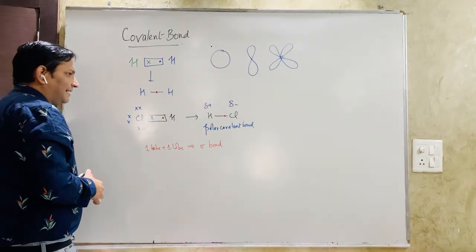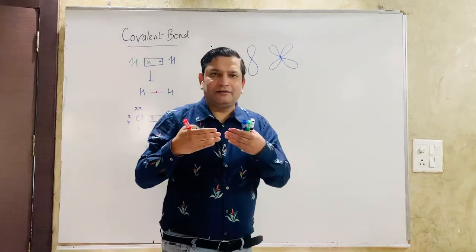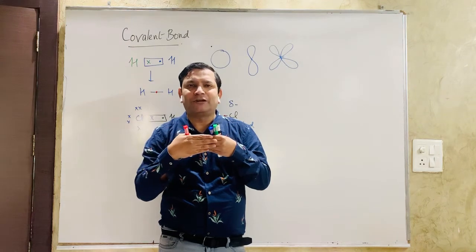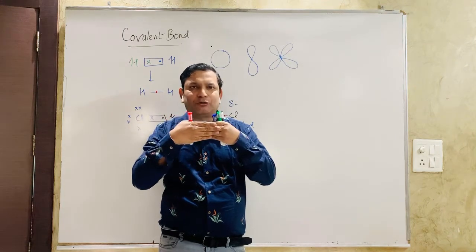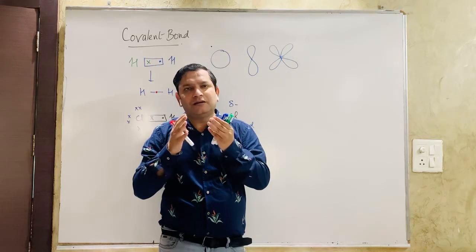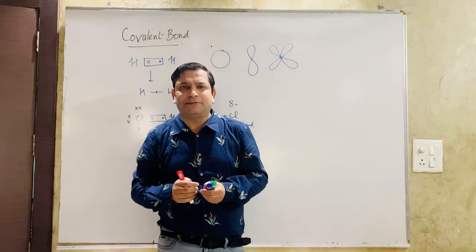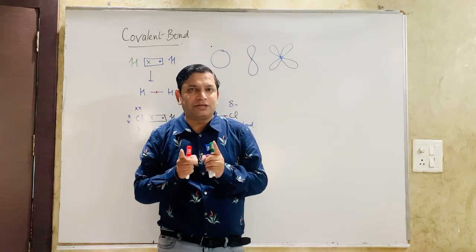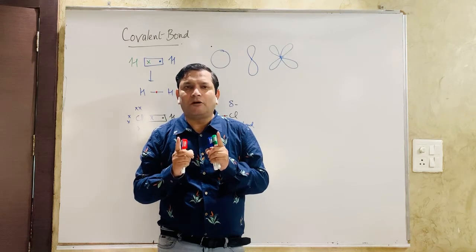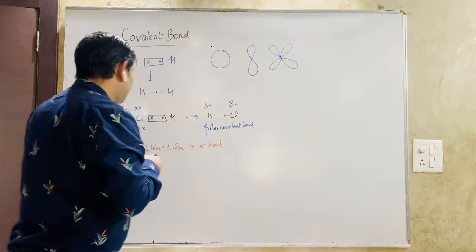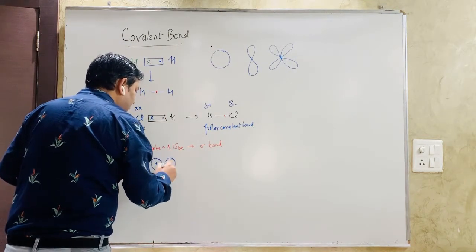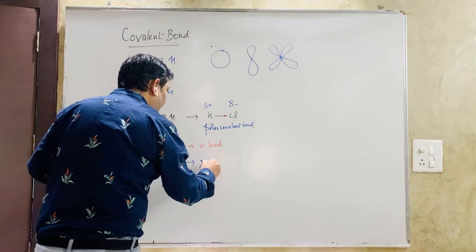In NCERT it says that if two orbitals overlap coaxially along the internuclear axis, the bond formed is a sigma bond. I 100% agree with that statement, but I further add that a sigma bond is formed by the overlap of two orbitals, one lobe of each, like an s orbital and an s orbital, they can overlap to form a sigma bond.